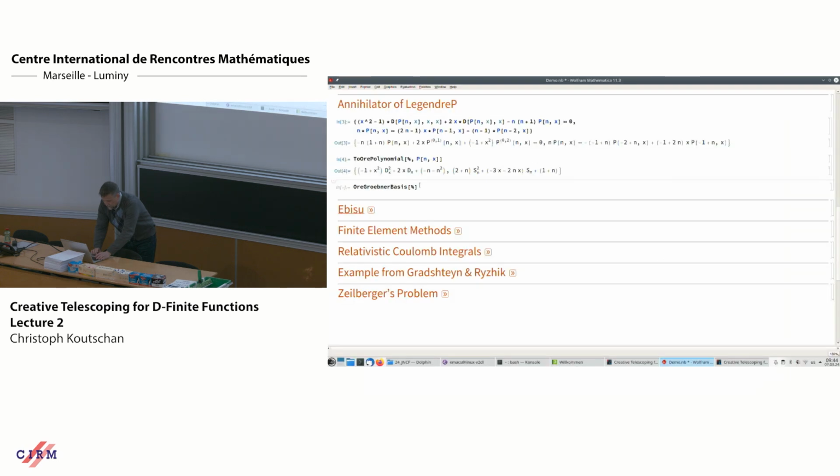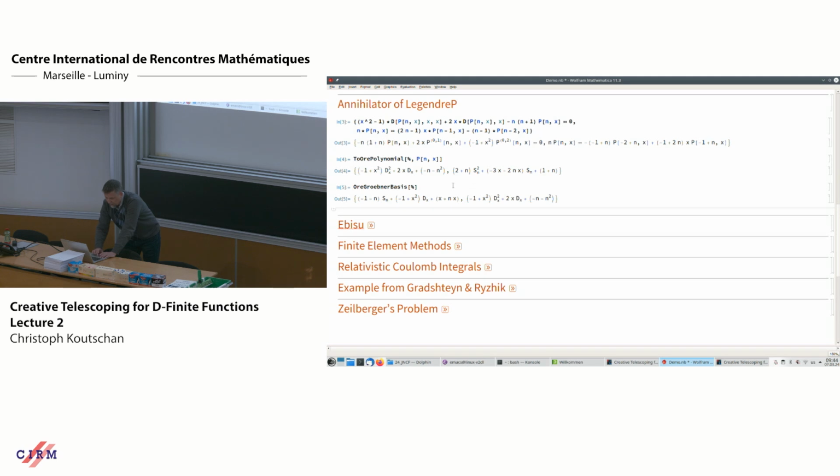So now let me switch to here, and let's go here. So these are the two equations of the Legendre polynomials. We convert them into operators. This is done with this command to Ore polynomial. And now we can compute the Gröbner basis of these two things. And you see something happens.